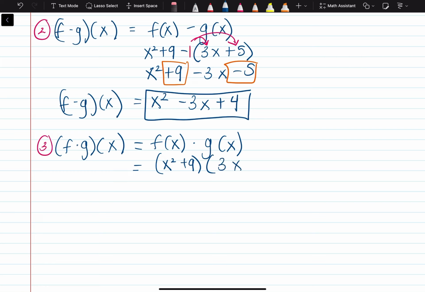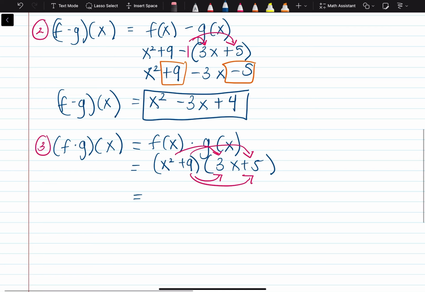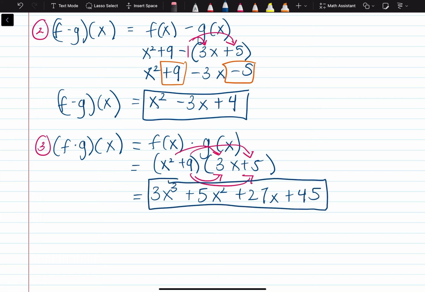And then you have 3x plus 5. You go through the motions and do your distributing 4 times. I'm not going to do all the little steps, but this eventually equates to 3x cubed plus 5x squared plus 27x plus 45. And that's your new defined function.